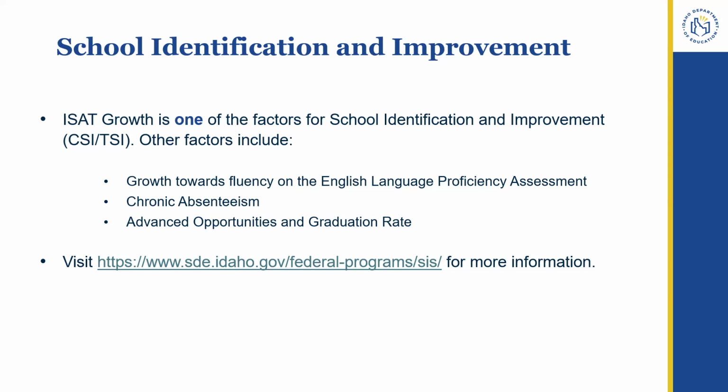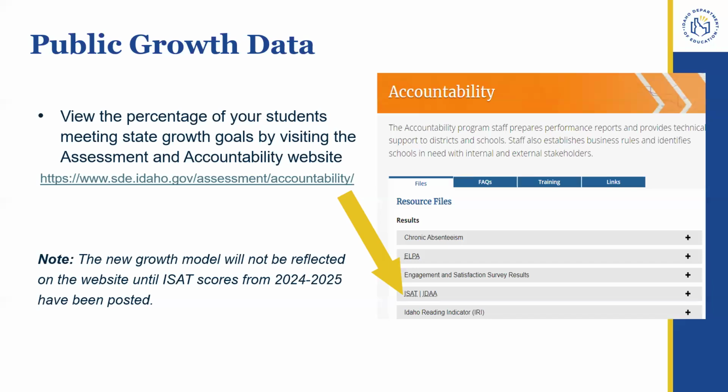For more information on school identification and improvement, please visit our website at sde.idaho.gov and navigate to the Federal Programs Department. State, district, and school-level growth data is publicly posted on our website at sde.idaho.gov on the Assessment and Accountability Department's page.